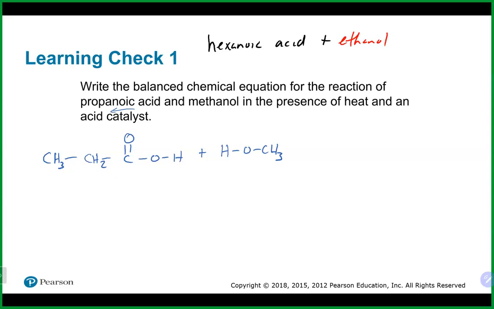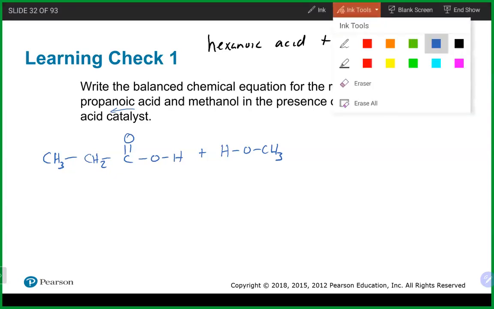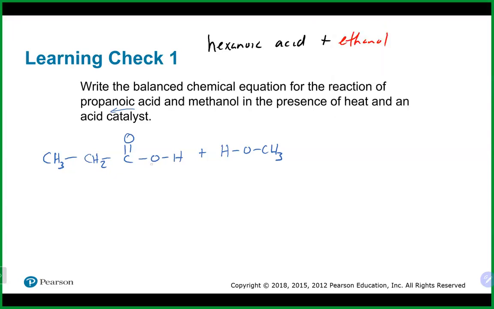So because I did that, I now have my water part together. It doesn't really matter how you take out the water, but you just need to take out water. So OH and an H will do that. It doesn't really matter as long as you leave one oxygen there. That is going to get us our water that's going to come out of that box.